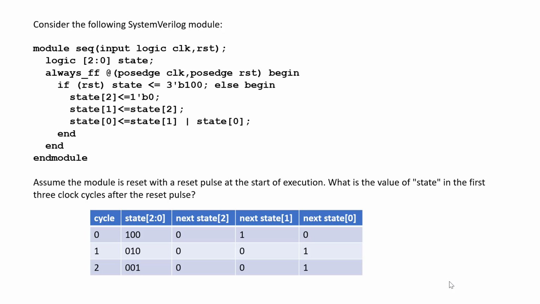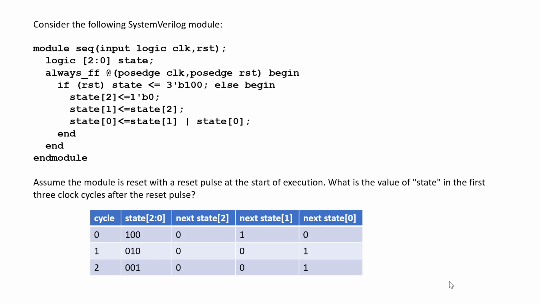And then the next state 0 will be a bitwise OR of the lower 2 bits of the current state, which is 1 OR 0, which is 1. Does that make sense? And then that 0, 0, 1 is carried down as the current state, and then next state 2 is 0, next state 1 is going to be 0, it's going to be the first bit from the current state, and the next state 0 is going to be a 1 because 0 OR 1 is 1.